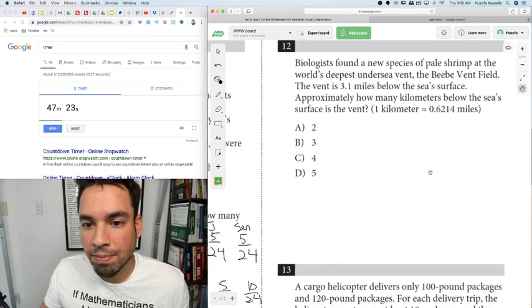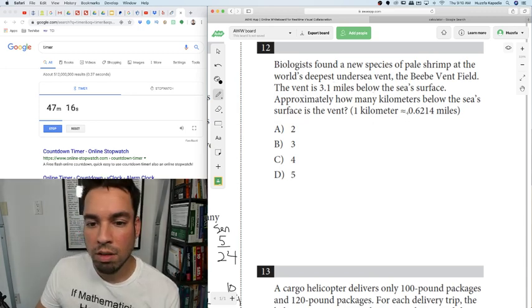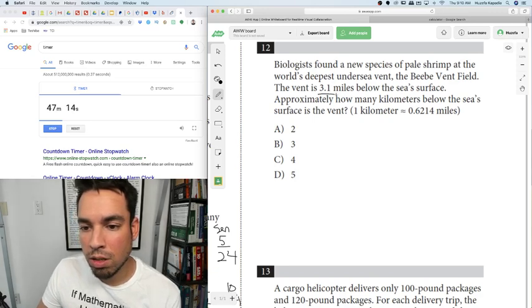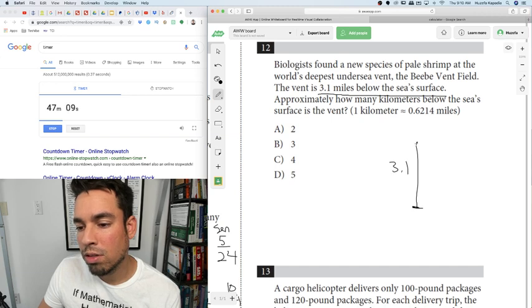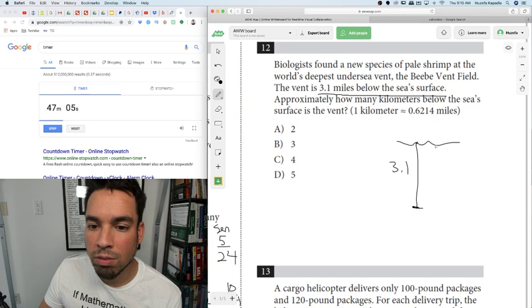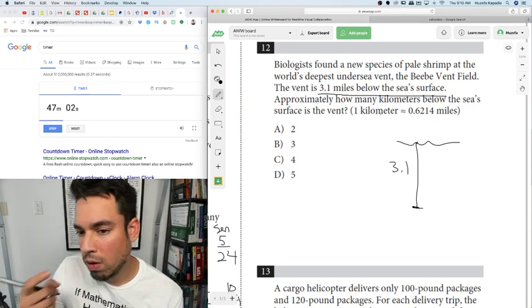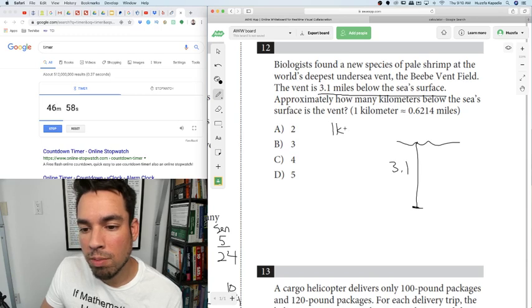Next. Biologists found a new species of pale shrimp at the world's deepest undersea vent, the Beebe vent field. The vent is 3.1 miles below the sea surface. Approximately how many kilometers below the sea surface is the vent? Oh, just converting to kilometers. So 1 kilometer to 0.6214 miles equals X kilometers to 3.1 miles.